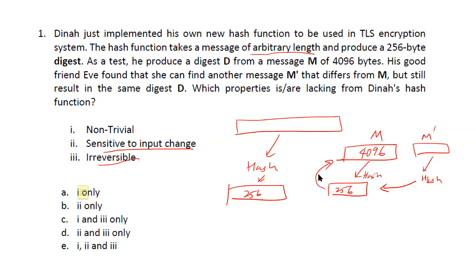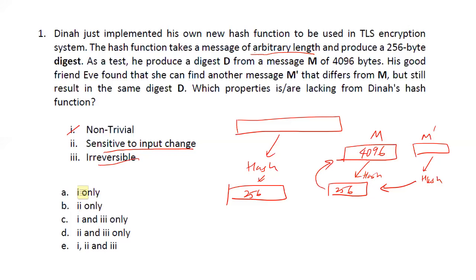So the only thing that we know for sure is that converting the message to the equivalent hash is currently non-trivial, because 2 and 3 we cannot deduce from this information. So the only thing we can conclude is it is non-trivial. Okay, so that is the answer over here. That is why it's only 1.